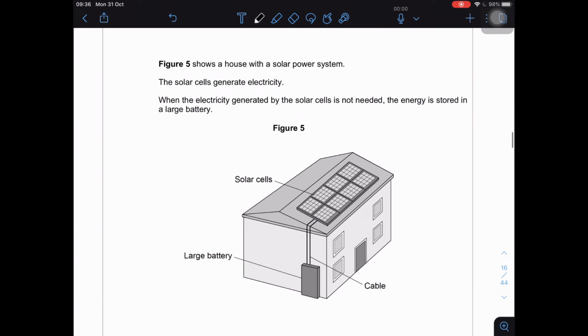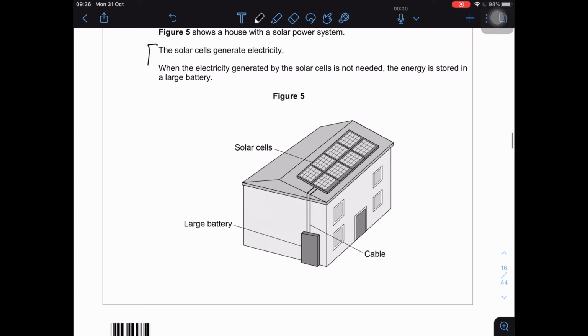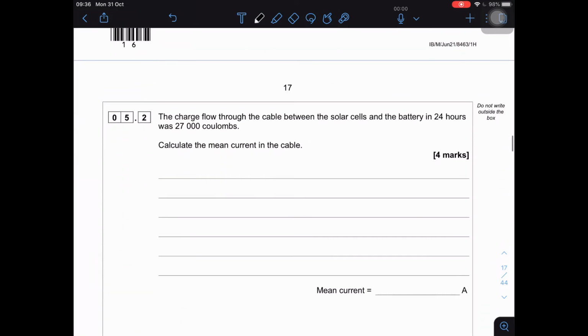Now have a read through this question. This is about solar cells. We have the solar cell on the top of the roof, and we have a large battery and a cable. The charge flow through the cable between the solar cells and the battery in 24 hours was 27,000 coulombs. What is the mean current?